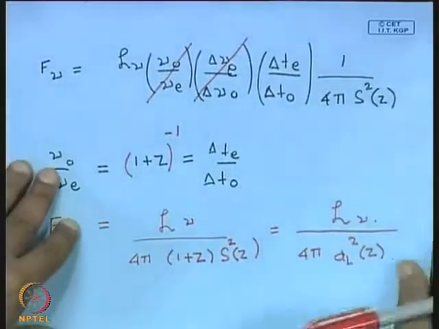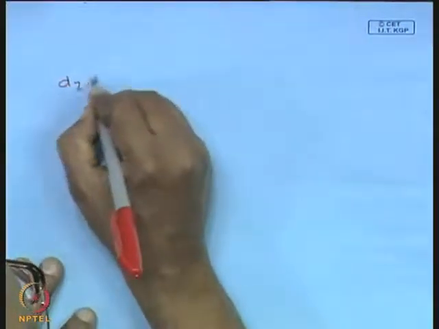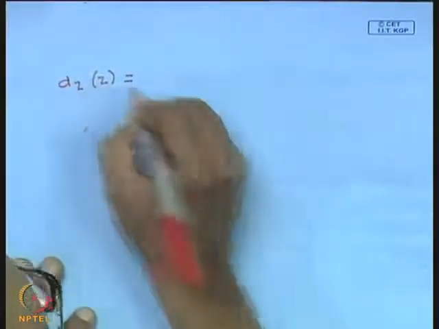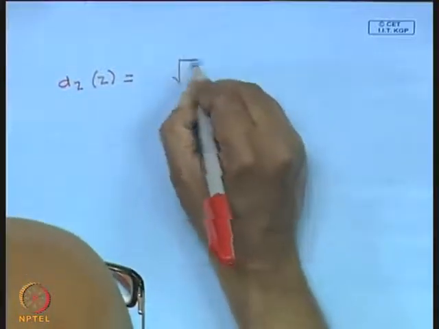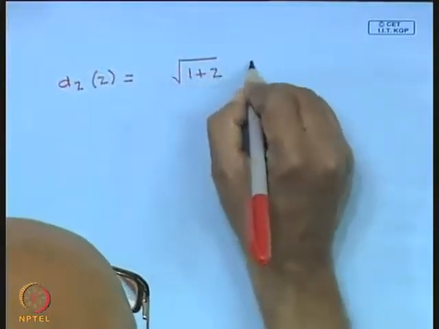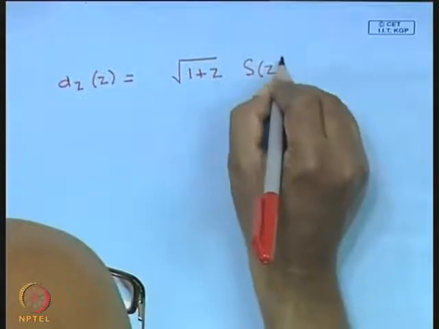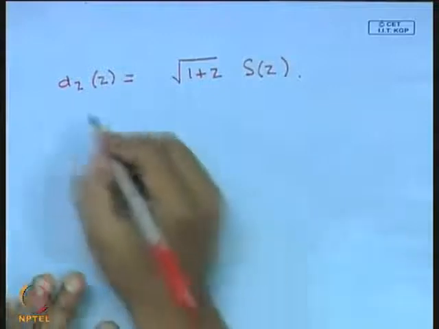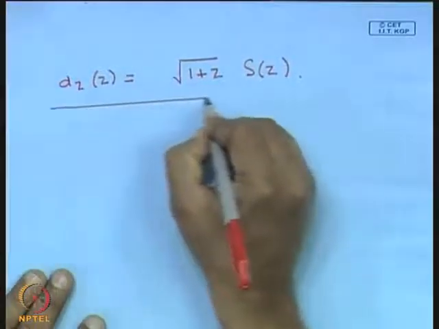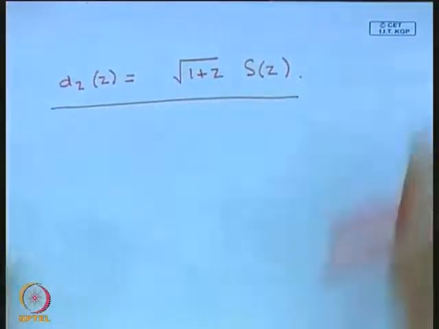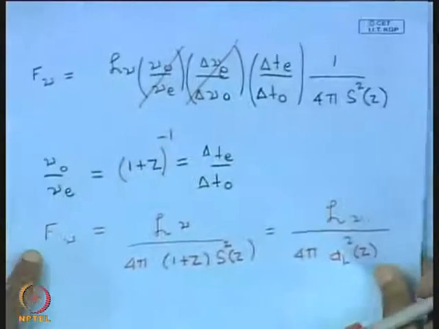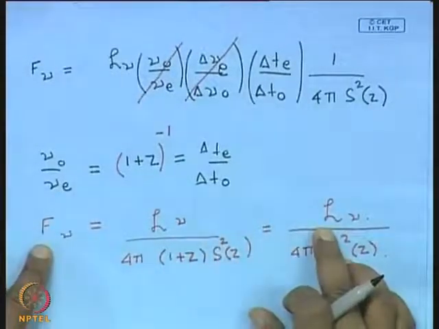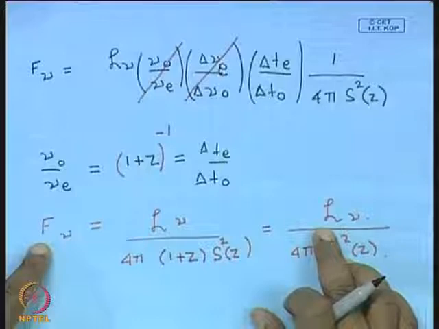So what we get from here is that the luminosity distance dl is equal to the square root of 1 plus z into s z. This is if you are dealing with luminosity and the flux per unit frequency, per frequency interval.